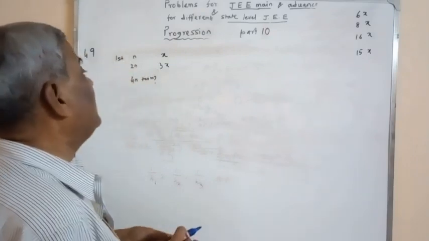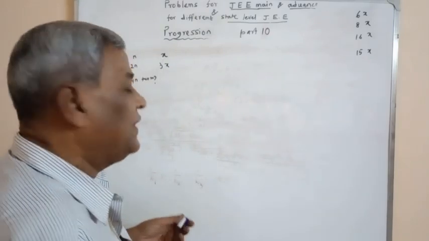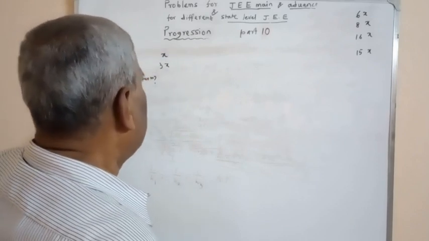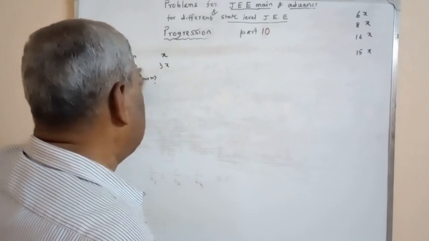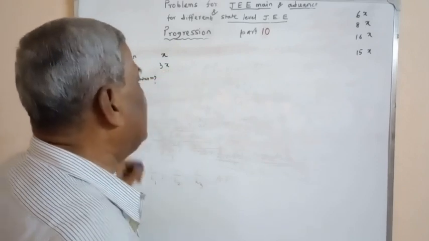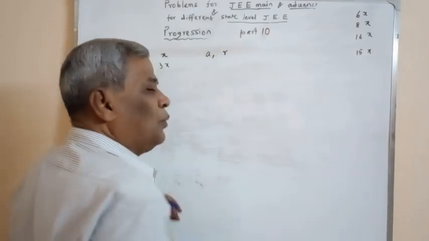There is a GP, not given, but given that the sum of its first n terms is x, and the sum of the first 2n terms is 3x. We are to find the sum of the first 4n terms. Suppose A is the first term and R is the common ratio.